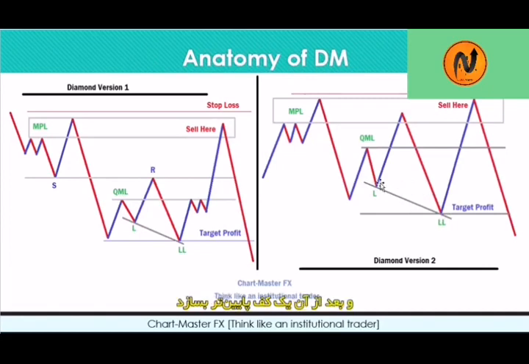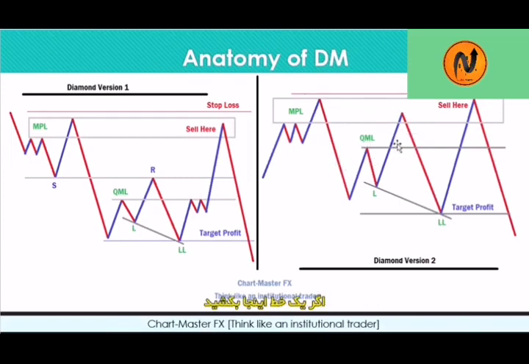As we know, once this is engulfed and it creates a lower low, then we wait for the price to go to the MPL area, and this condition also must be met: the head of the Quasimodo should be able to come to the MPL area. So it must come to the MPL area, then we know that the conditions for this setup have been met.